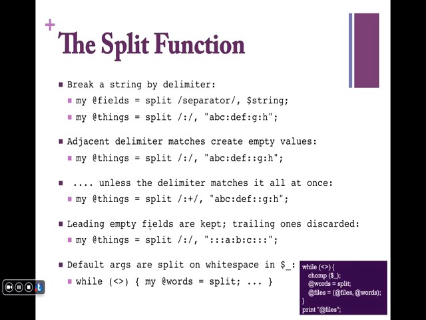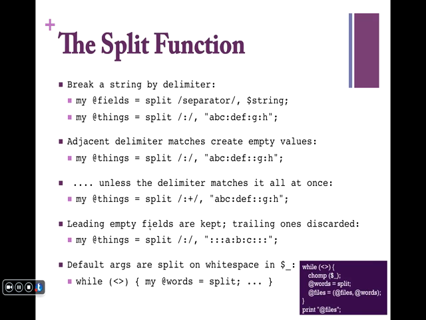The next example, the adjacent delimiter matches create empty value. Now in this case, since in my string I have ABC colon def colon colon G colon H, there is no space between the two colons in the middle, but Perl will interpret this like an empty string. So technically the outcome of this operation is 5 elements: ABC, def, empty string, G and H.